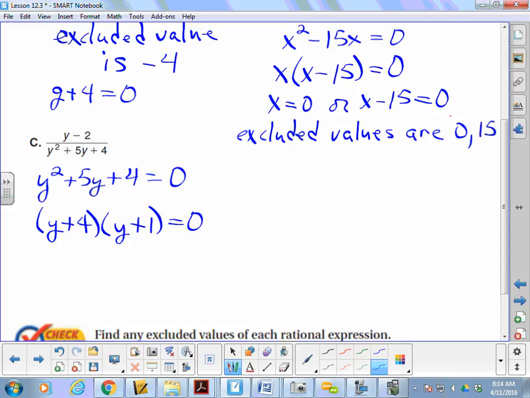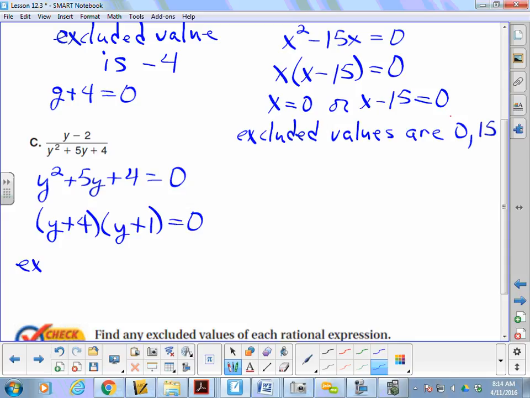And so when we're doing these, what are the excluded values always going to be? Or what makes that equal to 0? What are we looking for, Michael? We get -4 and -1. Right, and why is it -4 and -1? Because they're opposites. Exactly, that's what we're looking for.